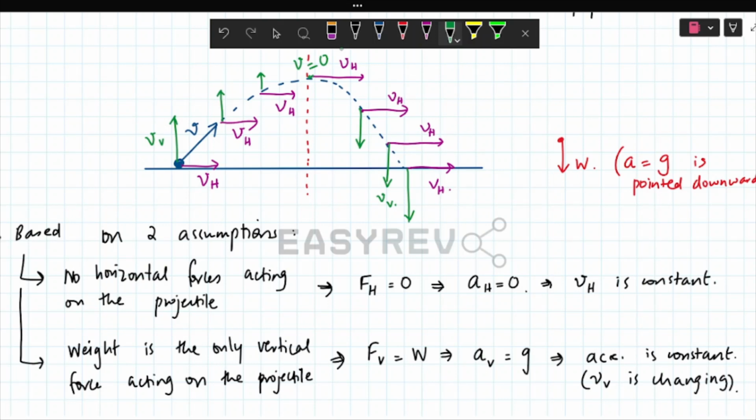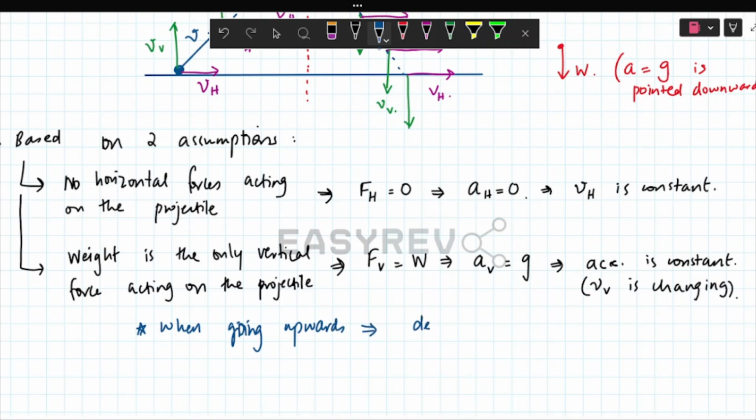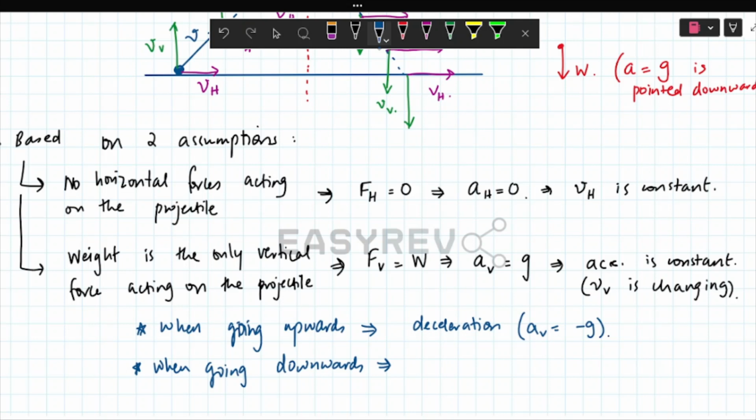So in summary, when the projectile is going upwards, there will be a decelerating effect, and so the vertical acceleration will be equal to minus the gravitational acceleration, whereas when going downwards, due to the same direction phenomenon, there will be an accelerating sort of an effect, and so the vertical acceleration will be the regular positive acceleration due to gravity.